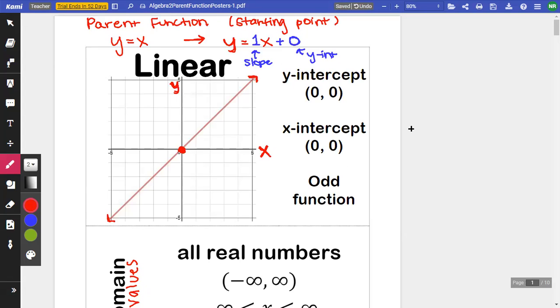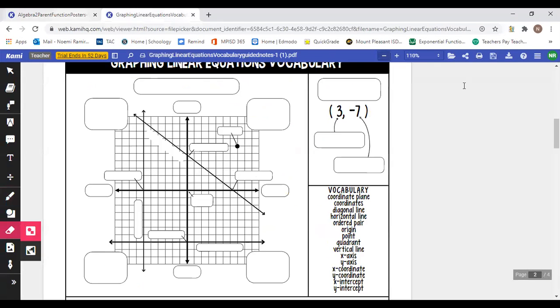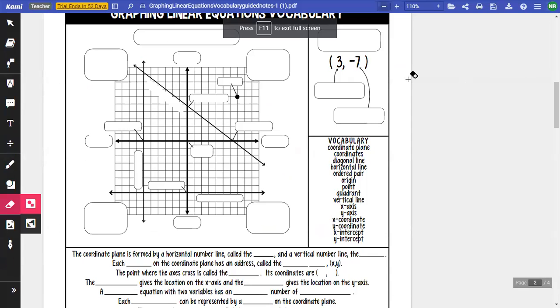Now the main part, since we're starting to get into graphing, the main portion of this lesson will be all of this vocabulary over here. So let's go ahead and get into that. All right, let me make this bigger, F11. Okay, I need to move this over here.